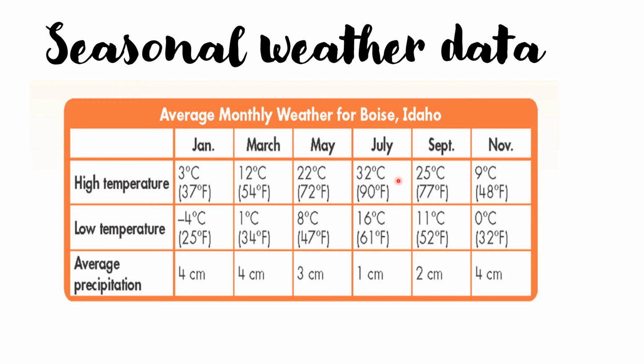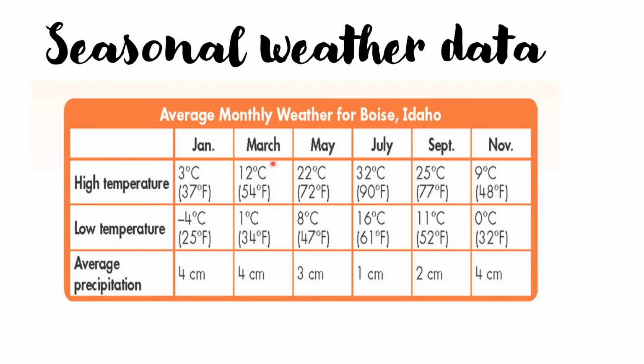Now if we see the climate for this city by looking at this data, we can say that the climate is mostly moderate. If we talk about the weather in the month of January and March, January is cold.